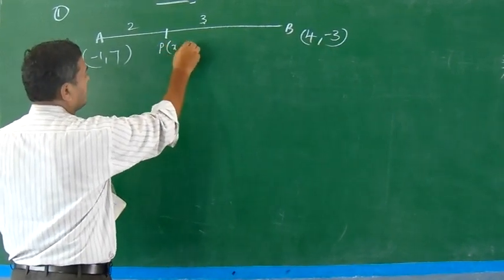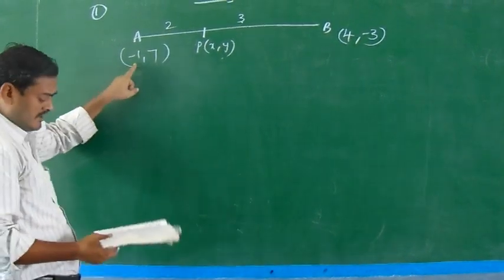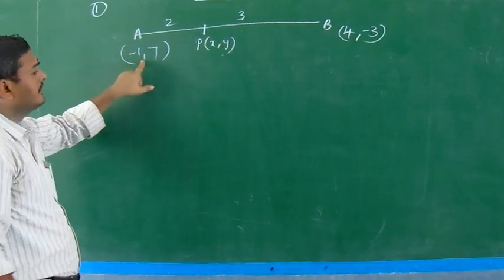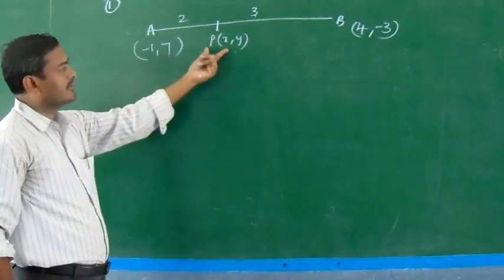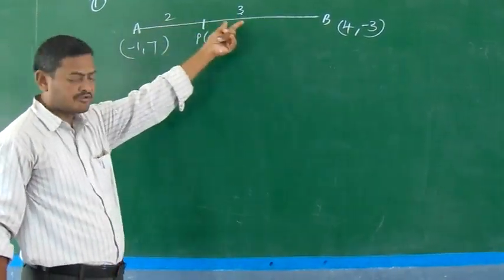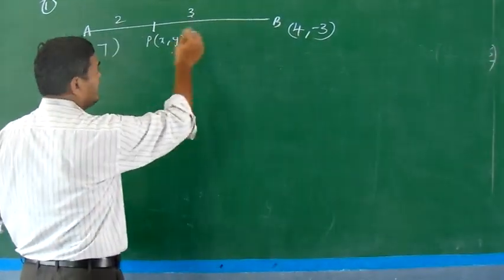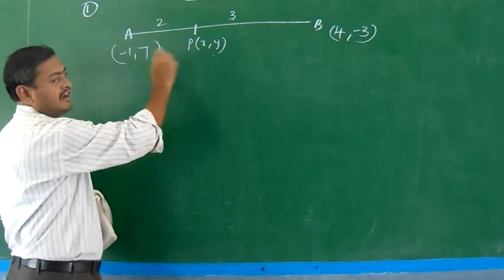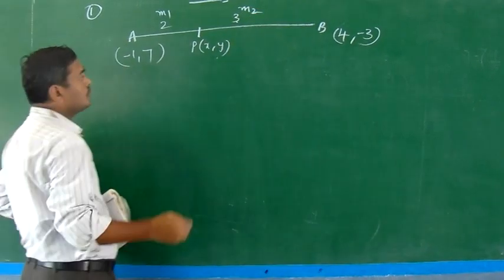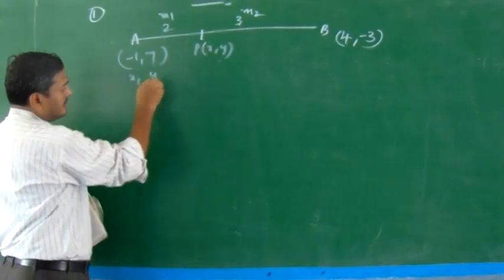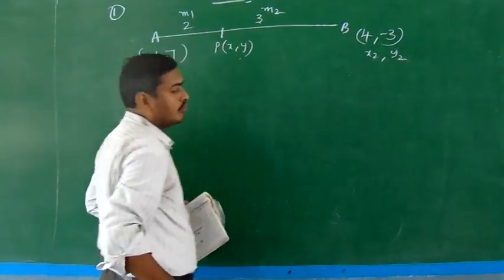We want to find P(x, y). A is (-1, 7) and B is (4, -3), and P divides internally in the ratio 2:3. Internally means P is in between A and B. So this is m1, this is m2, this is x1, y1, x2 and y2.